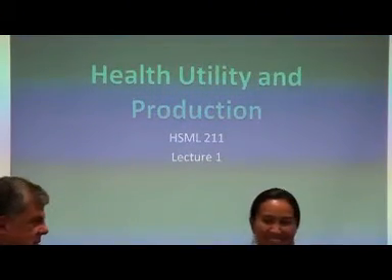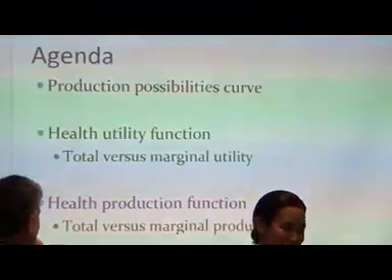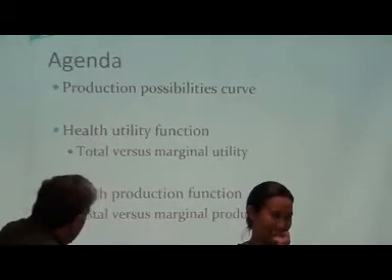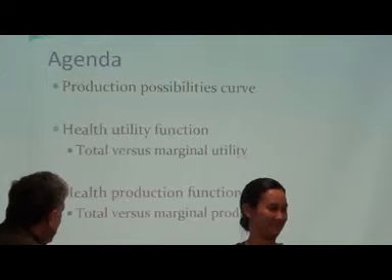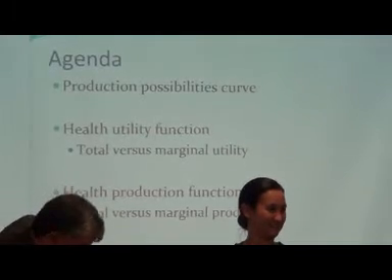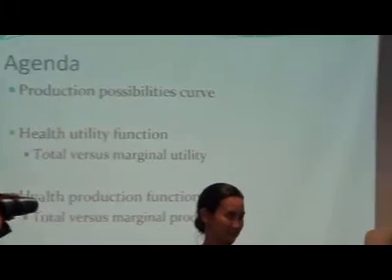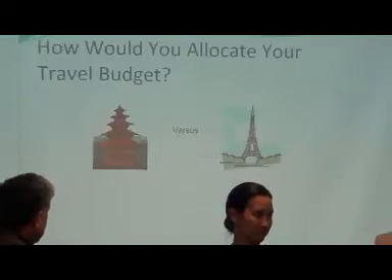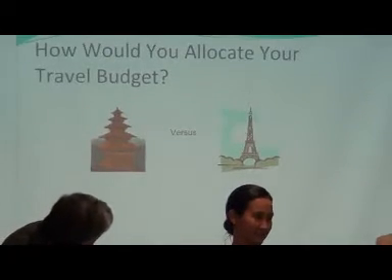Welcome to the first lecture on health utility and production. Today we will discuss the production possibilities curve, the health utility function, and the health production function. We will distinguish between total versus marginal utility and total versus marginal product. Consider your travel budget.